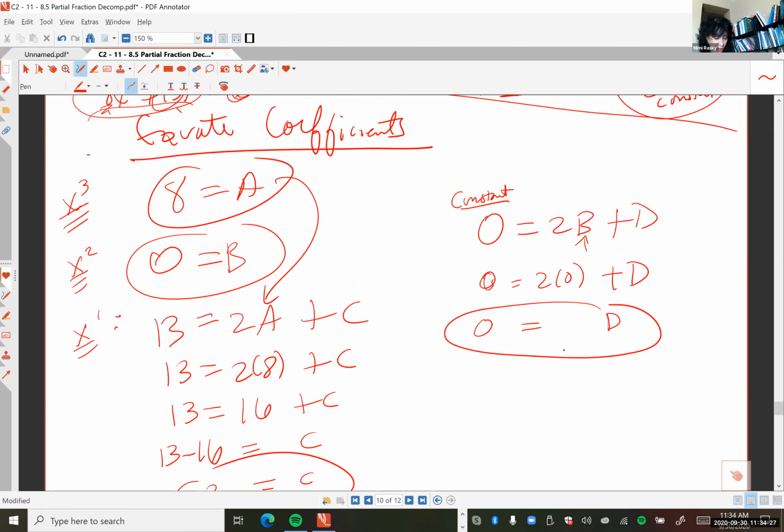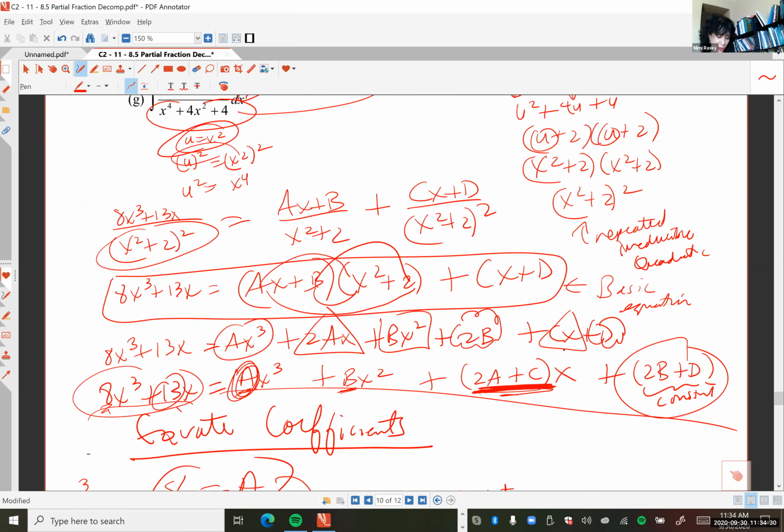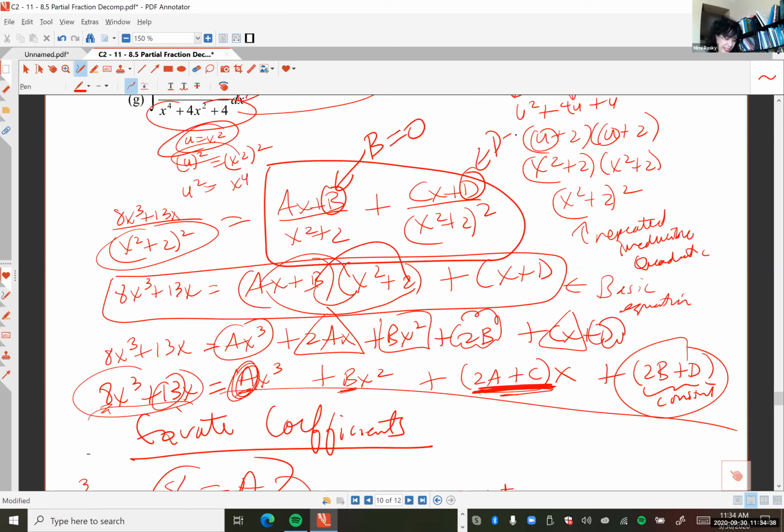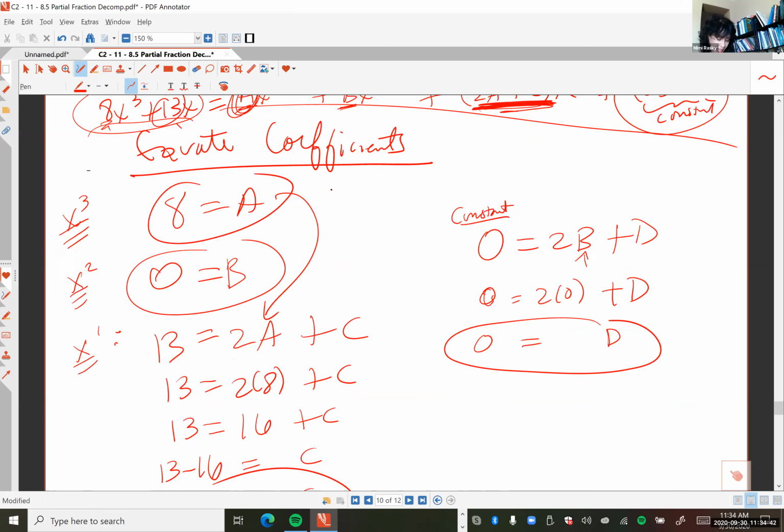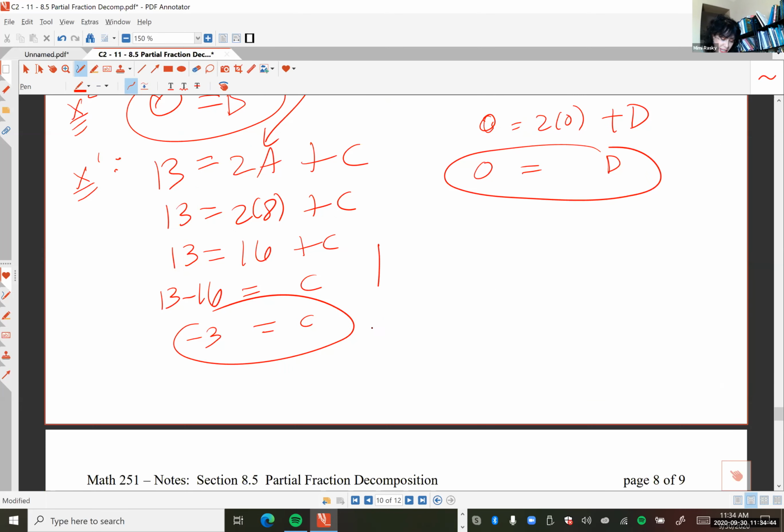Well, now what? We have A and C, and if you go back to your original partial fraction breakdown, where B is 0 and D ended up being 0, you only had to worry about the A and the C. So now the calculus part takes over. Here's where calculus actually gets involved in the whole problem.